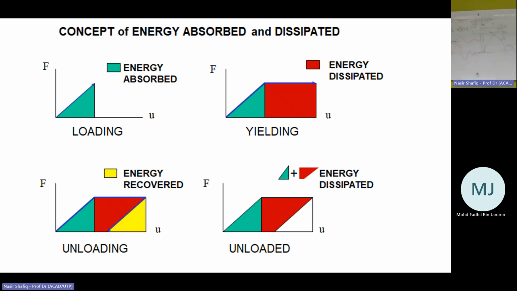So this elastic energy is recovered. Overall, the energy is the absorbed energy and dissipated energy: this energy was lost, dissipated, and this energy is recovered, returned back to the system on unloading.